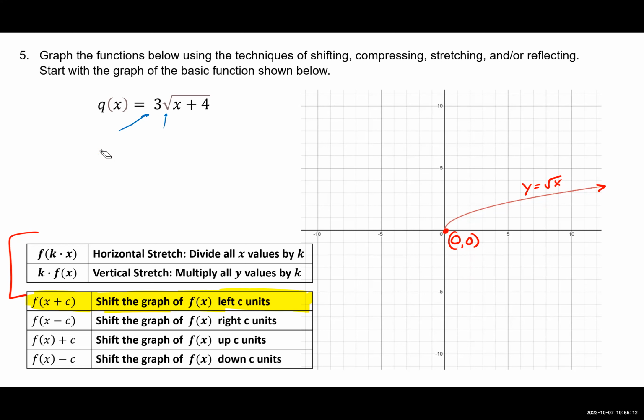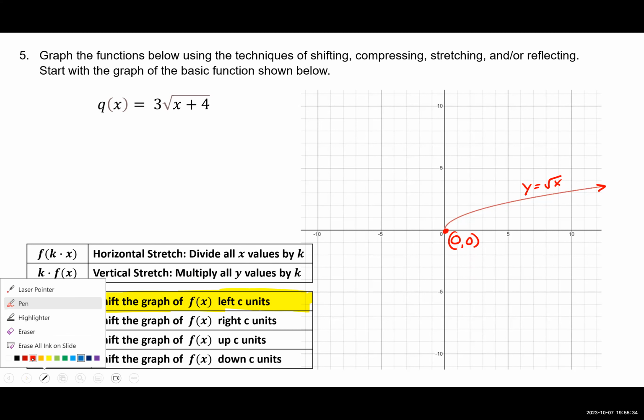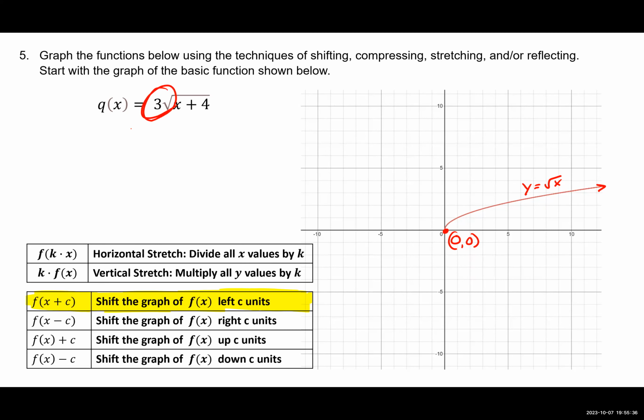So what does that do? Well, we go down to this table, this first table, horizontal stretch, vertical stretch. If it's inside with the x, you always do the opposite. If it's outside, you do what the operation is. In this case, it's multiplication. So what we have here, that's times 3, or 3 times the square root of x plus 4.